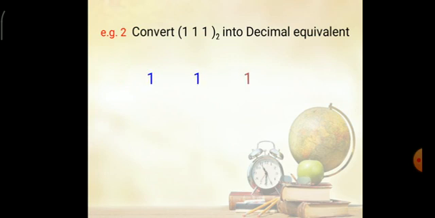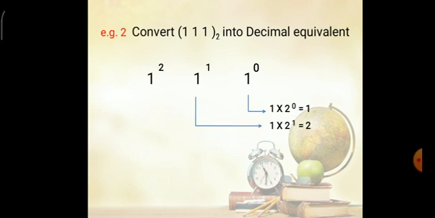First of all, write all the digits, then start placing the powers starting from 0, that is 0, 1, 2, and then take the rightmost digit and multiply it with 2 raised to the power 0. The result is 1. Why? Because 2 to the power 0 equals 1, and 1 into 1 equals 1.